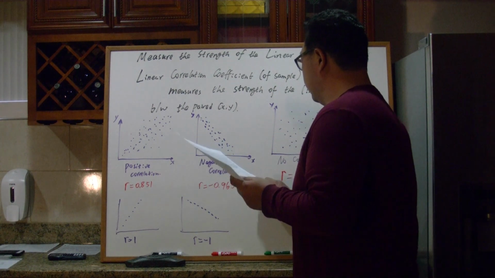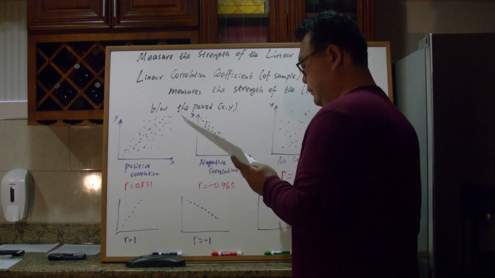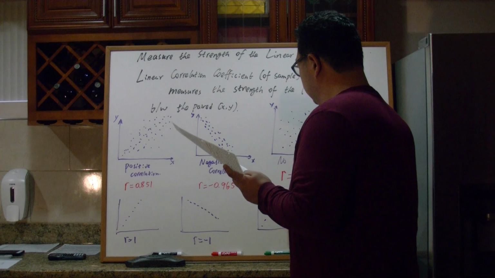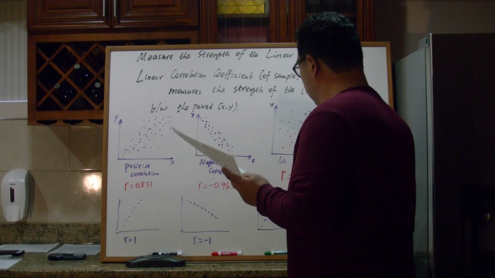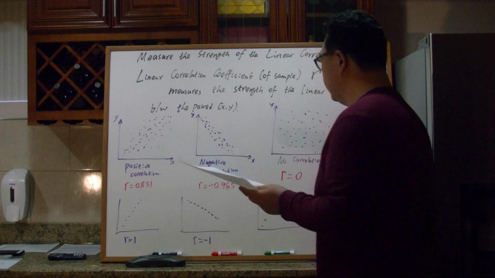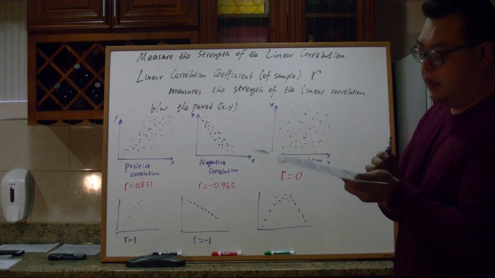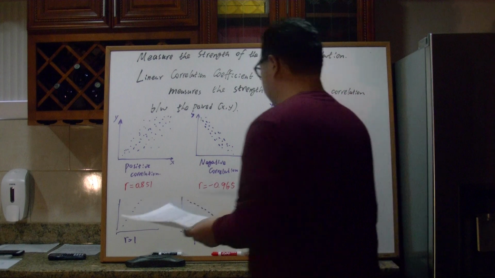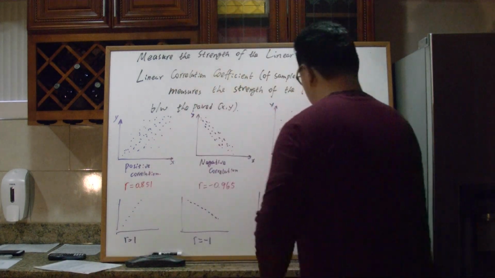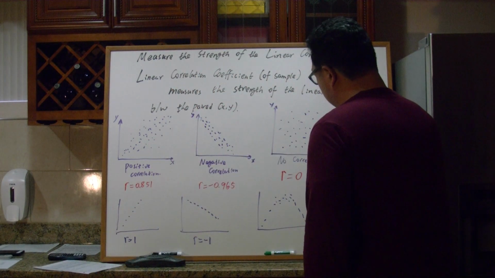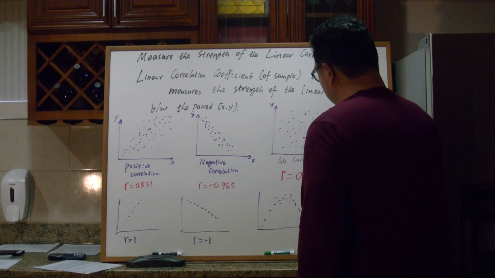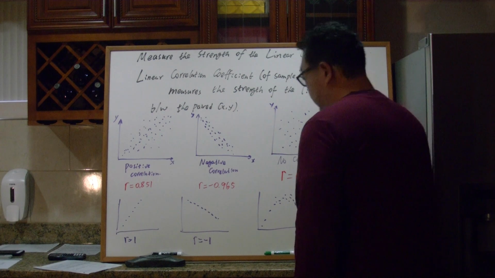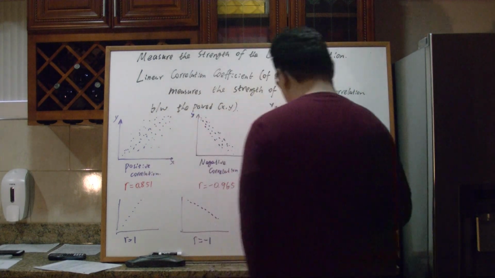And the last case we'll see, we don't see a linear pattern, but somehow we see another type of pattern. No linear correlation. The r is negative 0.087.